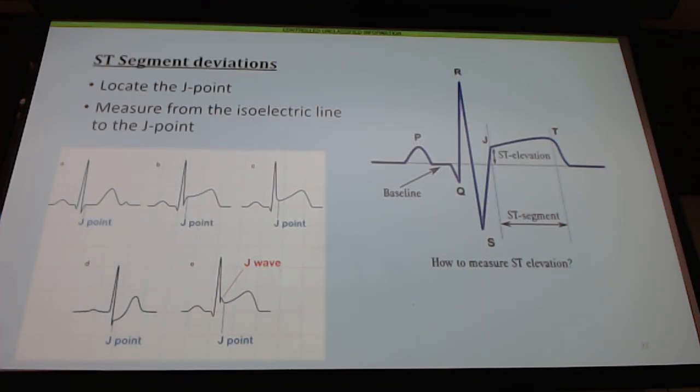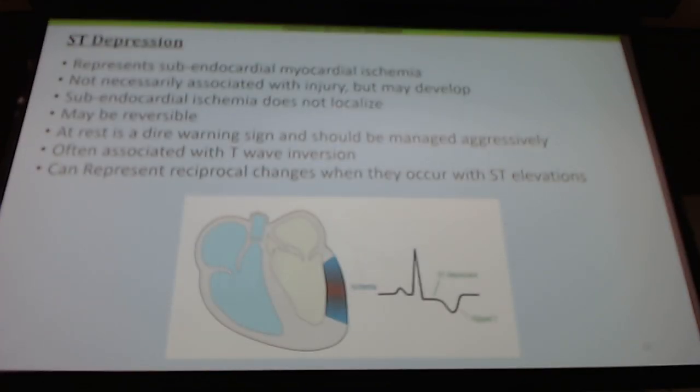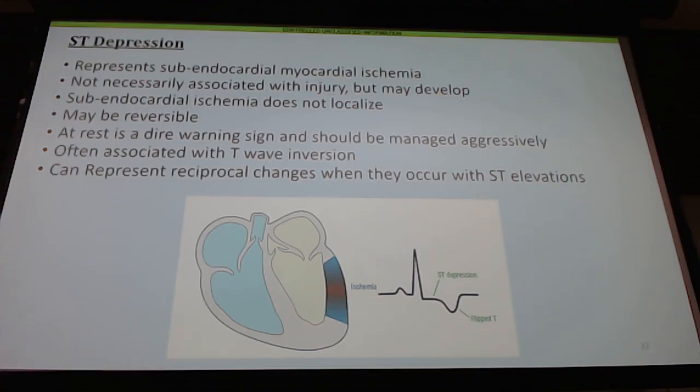And you should remember from EKG, the way we determine where that ST segment is going is by identifying the J point and then comparing that to what your baseline should be. Based on where that J point is compared to baseline, you'll know whether this is an ST elevation or an ST depression. This is what ST depressions look like.